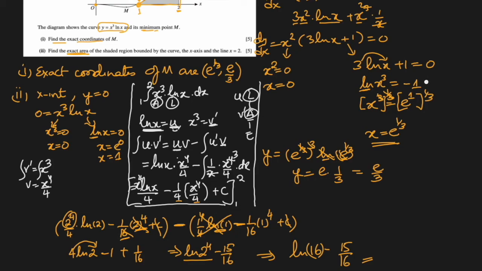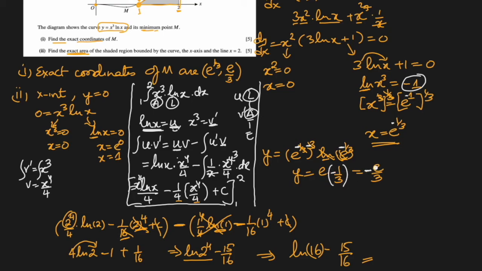After answering this question, I looked at this part. I made a mistake. Minus 1 was here, but I did not write minus 1 here. So this will become e to the power minus 1/3, and similarly, because this is e to the power minus 1/3, we will have to put minus here and minus here. That's why it will become minus 1/3 here.